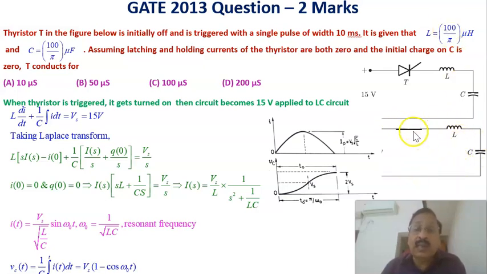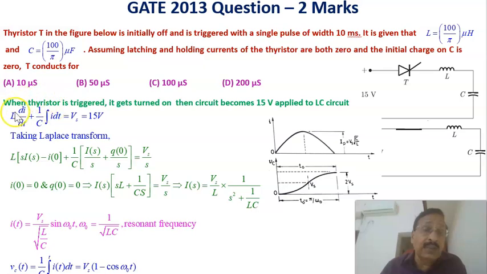Now we have to derive the equation for the current, and for that we write the corresponding equation: L di by dt plus 1 by C integral i dt equals the input source voltage Vs, which in this problem is 15 volts.